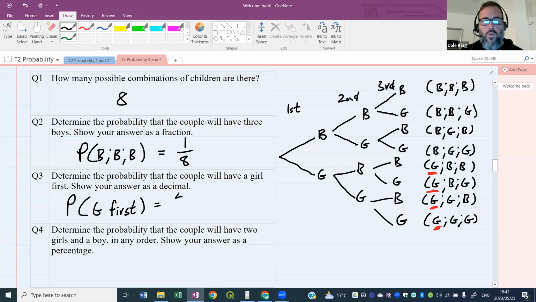So it's 4 out of 8. And if you show that as a decimal, you shouldn't need a calculator for that. 4 over 8 is the same as 1/2. It's a half. So that should be 0,5 as a decimal.